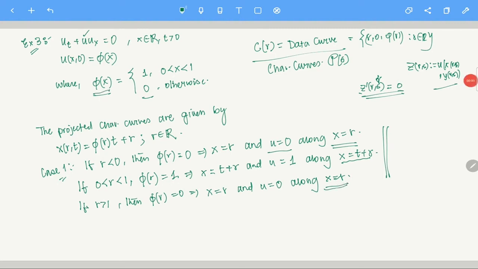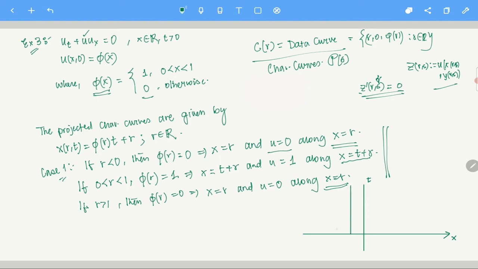So now let us just draw the projected characteristic curves. This is your x, this is your t. So basically this R is varying on this line. When R is negative, x equals R, so essentially it will look like this.